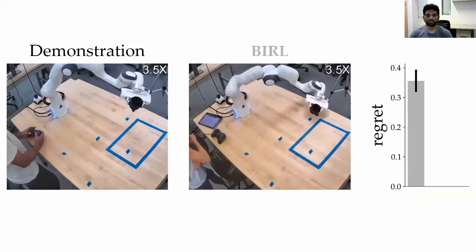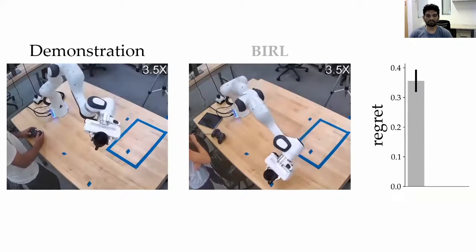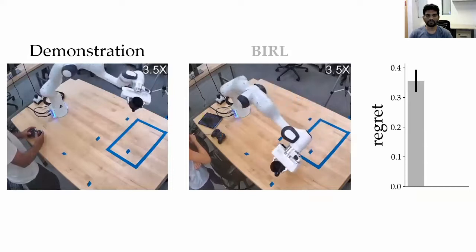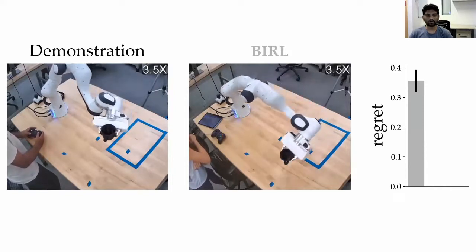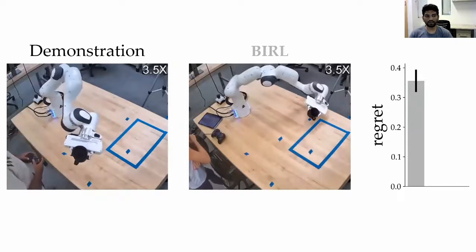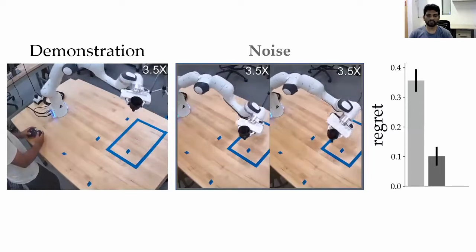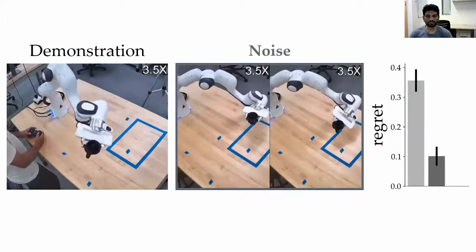Here, the robot learns with Bayesian inverse reinforcement learning, a baseline method that ignores humans' limitations. This robot learns to match the human's demonstrations and also spills coffee on the way. Next, we learn from the human's demonstrations by comparing them only to similar alternatives.